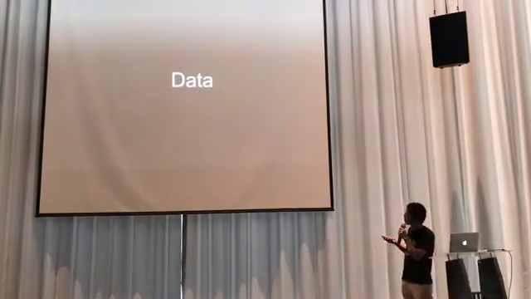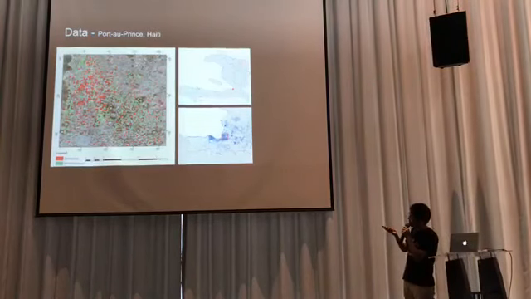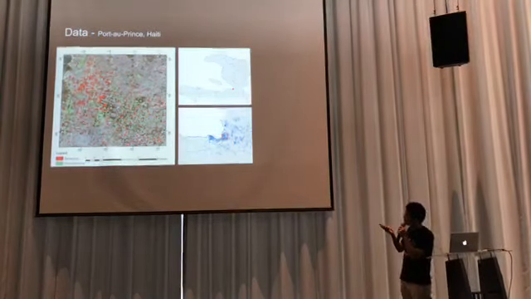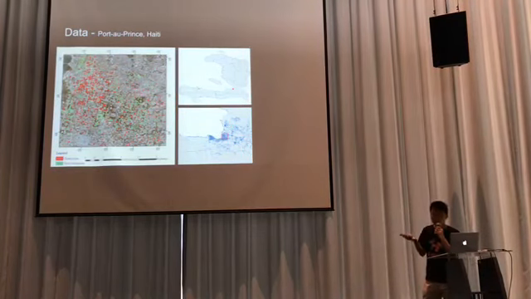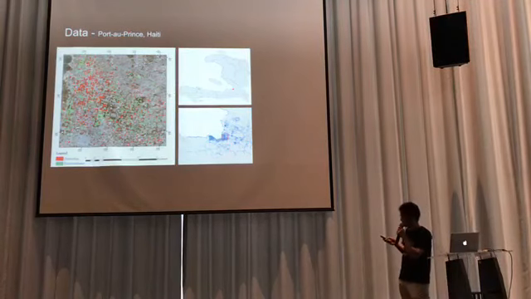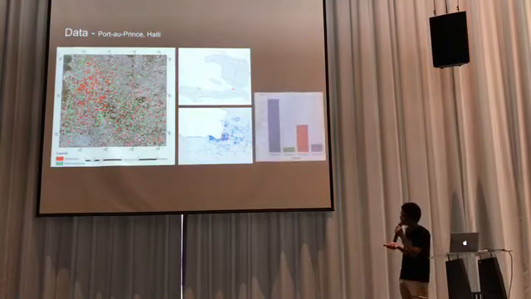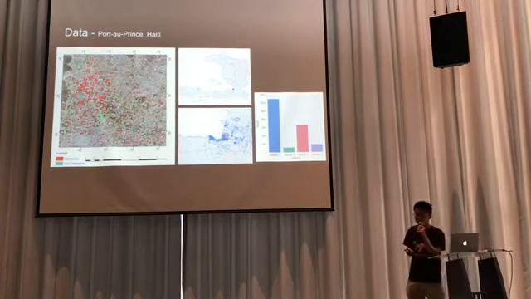Here, the red and the green ones are the buildings. This data here was manually digitized by ourselves, and we prepared about 2,000 building samples here.